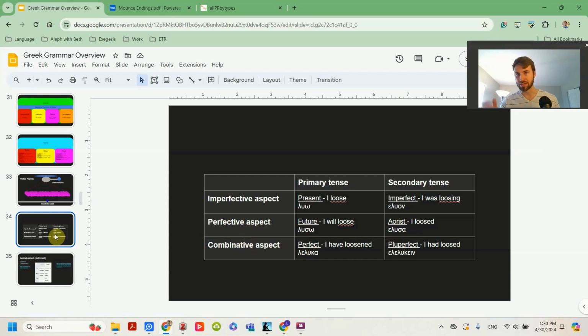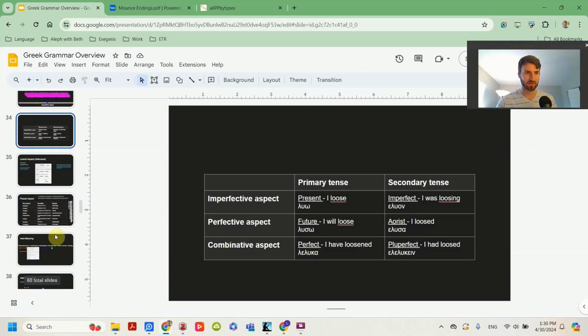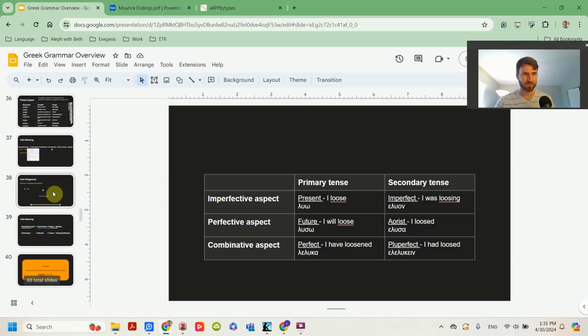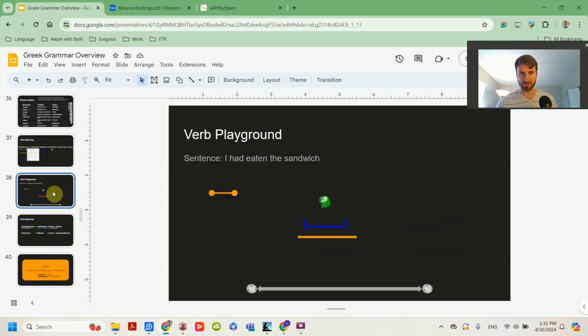And just know that there are debates that you'll get into later in your career with Greek, but I think for the most part, combinative makes sense of most uses. So if we go to our chart here, combinative is what it sounds like. It combines both a perfective and an imperfective state of a verb, okay?